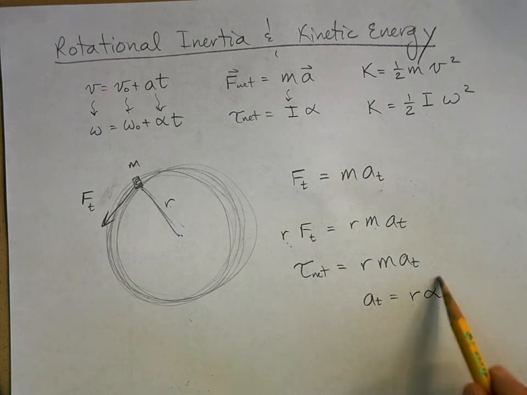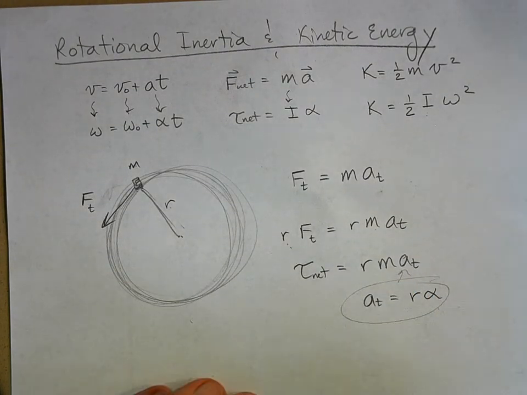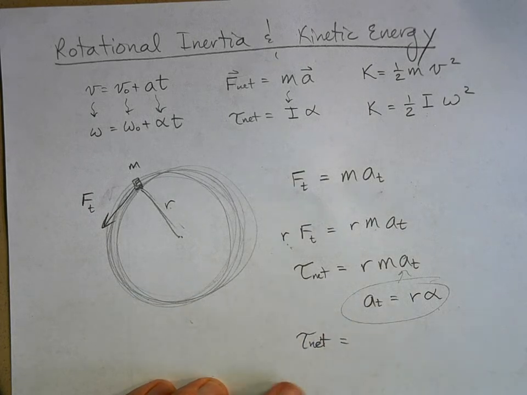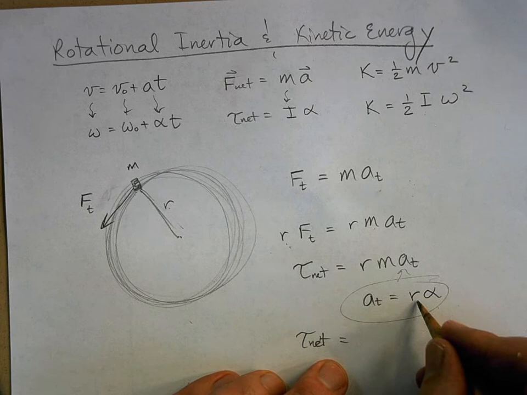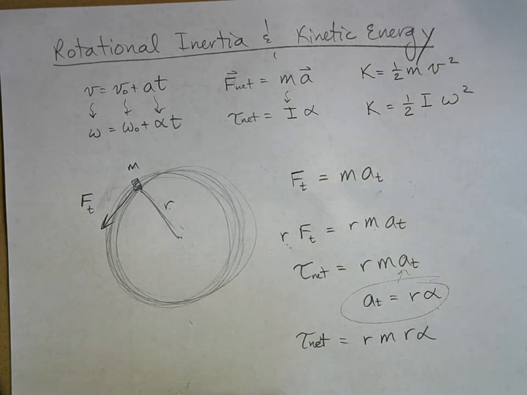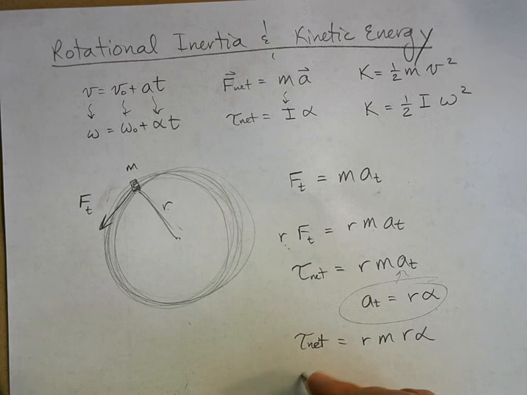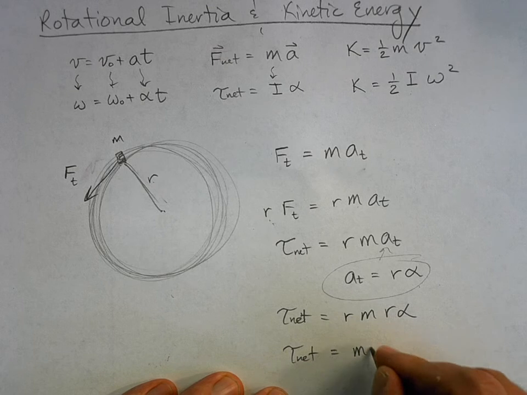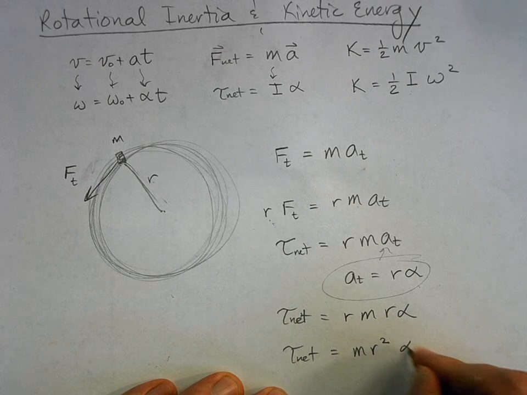Now I can substitute this in, and I get the net torque is equal to r times m times r times alpha. That's kind of awkward, so let's simplify: mR squared times alpha.